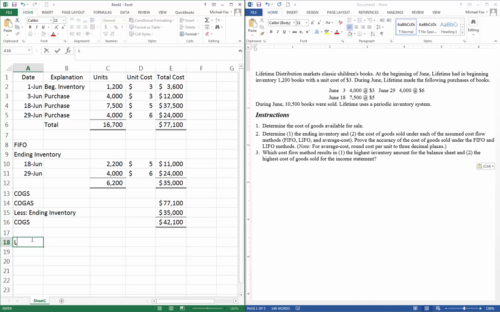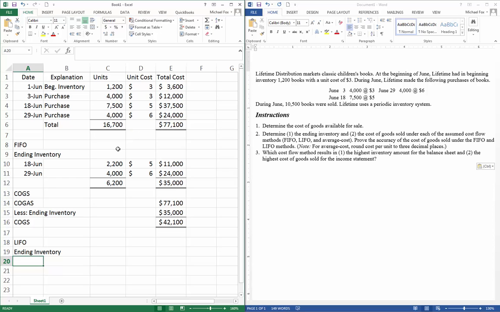Next we'll do last in, first out. Under last in, first out, we make the opposite assumption. That is, that the units that we purchased last are the first ones that we sold, meaning the units we purchased first are the ones still sitting there in our ending inventory.